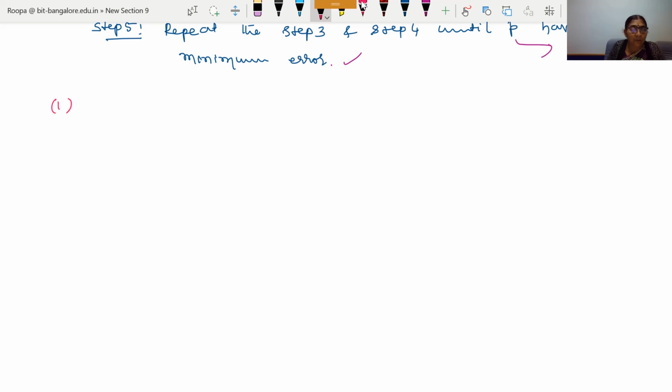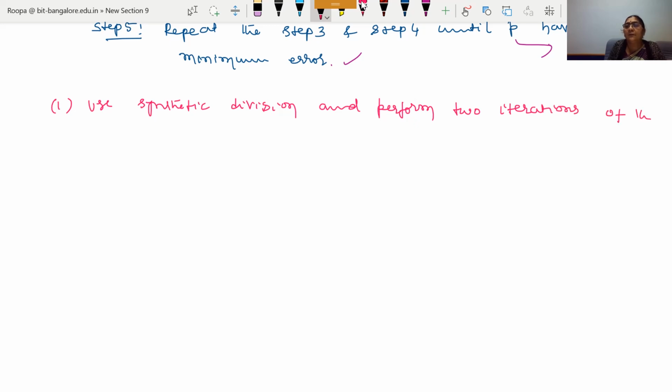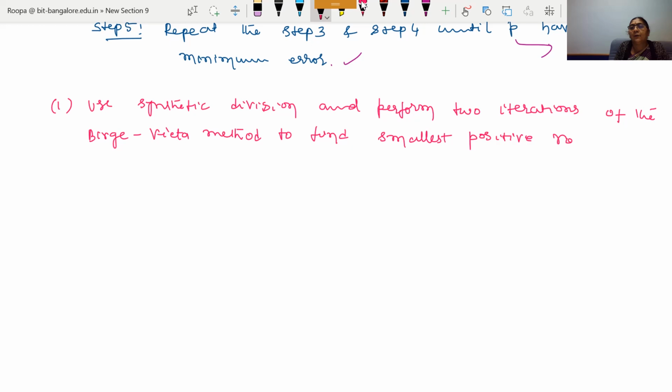I'm going to write one problem on the board. Use the synthetic division method and perform two iterations of the Birge-Vieta method to find the smallest positive root of the polynomial P3 of x.